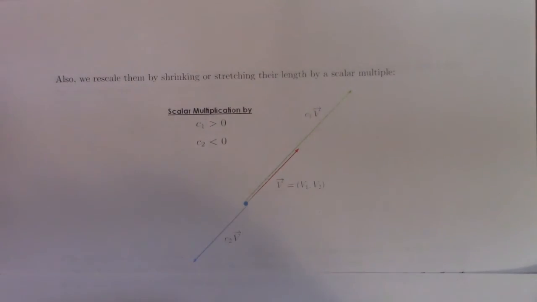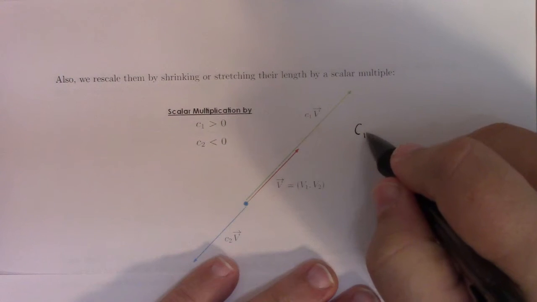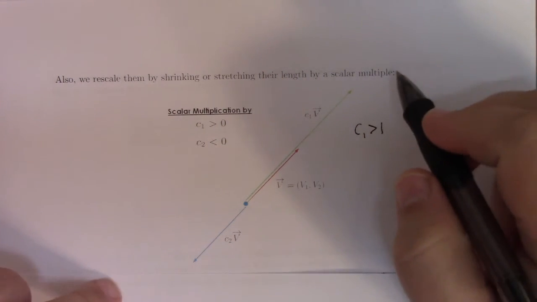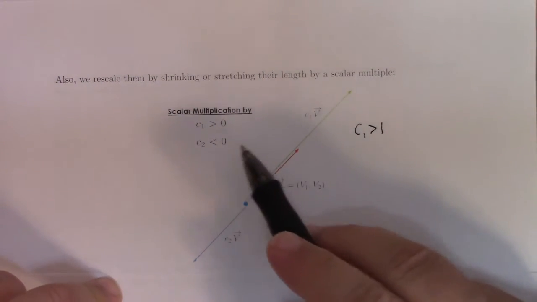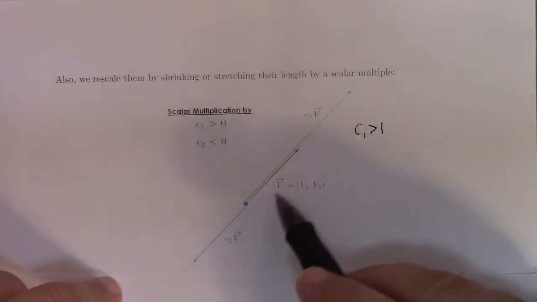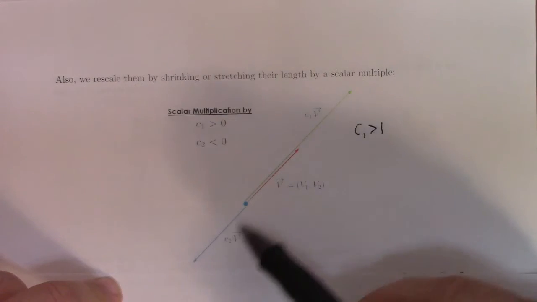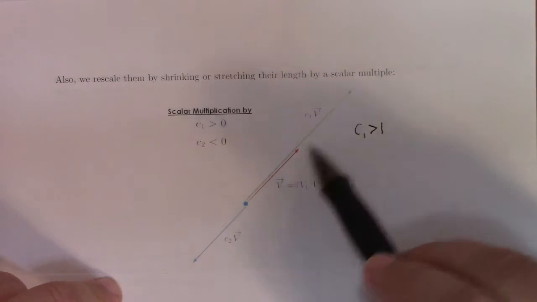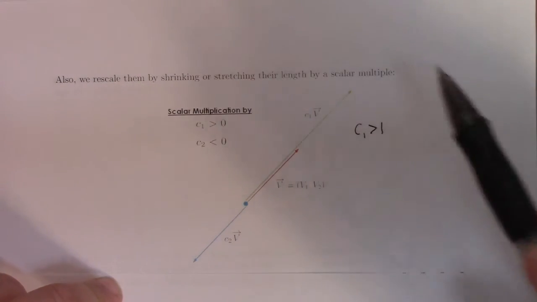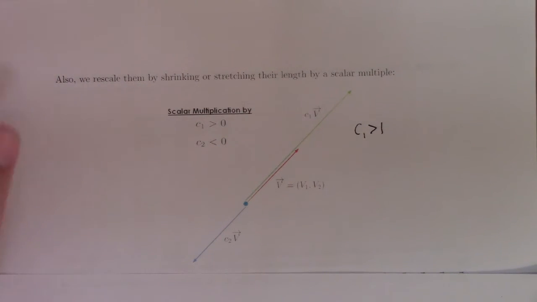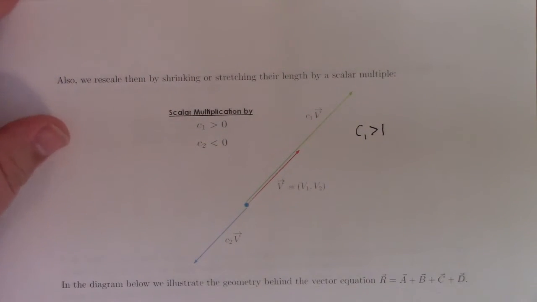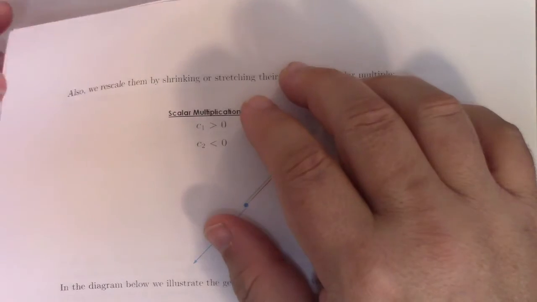Technically speaking, this picture has c1 greater than 1, and for this picture, c2 looks like it's about equal to -1. If the constant is negative, it puts the vector in the opposite direction. If the constant's positive, it puts it in the same direction, but it rescales the length. Of course, if you multiply by 1, it doesn't rescale the length; it just leaves it.